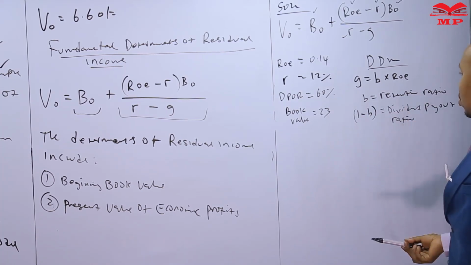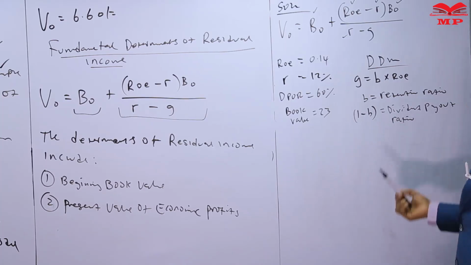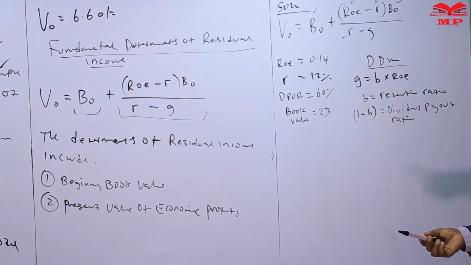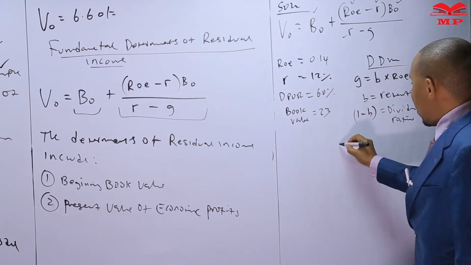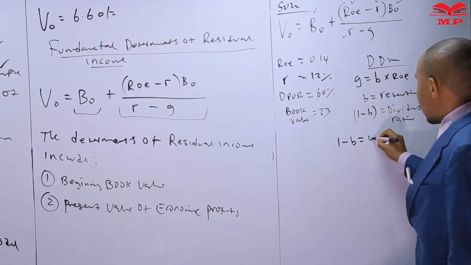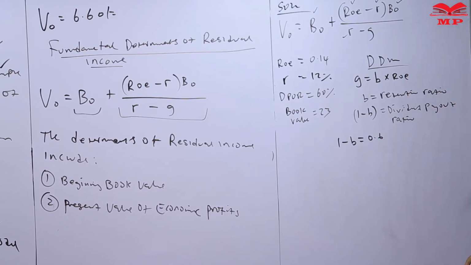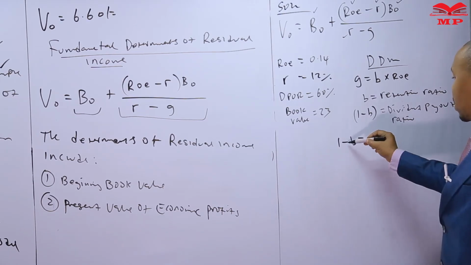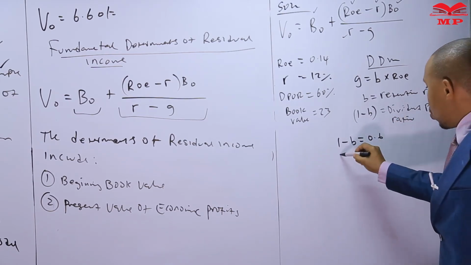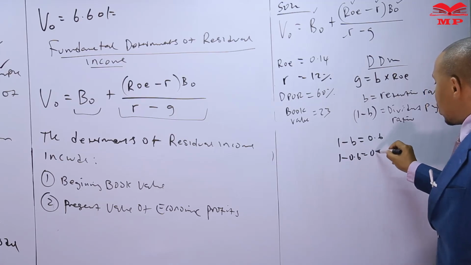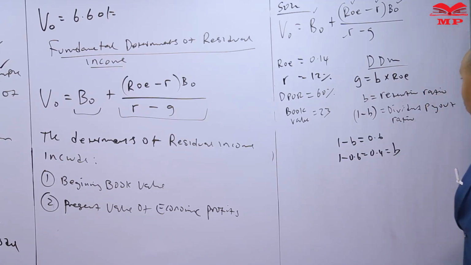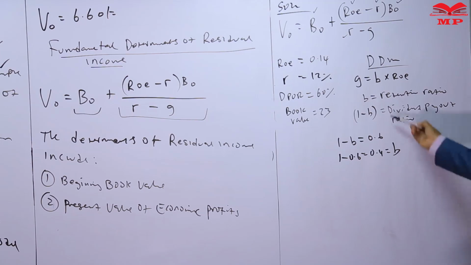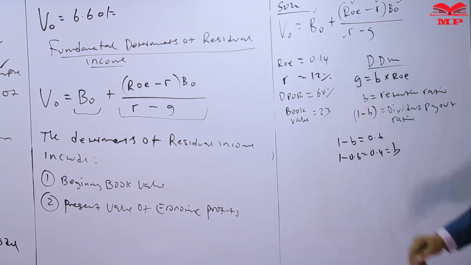So 1 minus b equals 0.6. To get b, it's 1 minus 0.6, which is 0.4. So we already have b as 0.4 and the ROE as 0.14, which means we can calculate the growth rate.